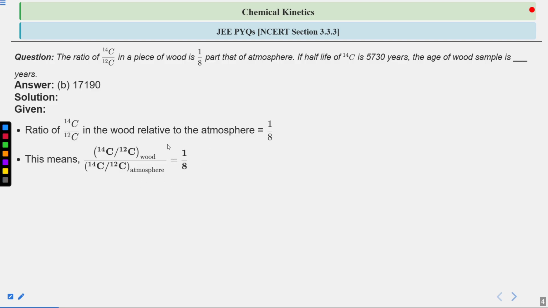That means the 14C by 12C ratio in the wood relative to the atmosphere is equal to 1/8. Another thing we have been given is the half-life. The half-life of 14C is given as 5730 years.